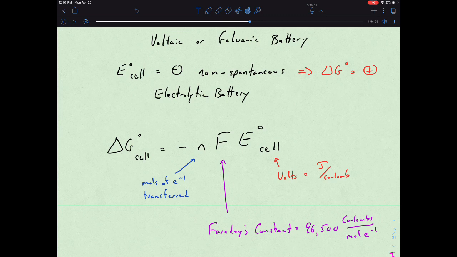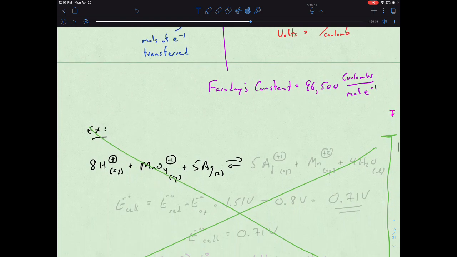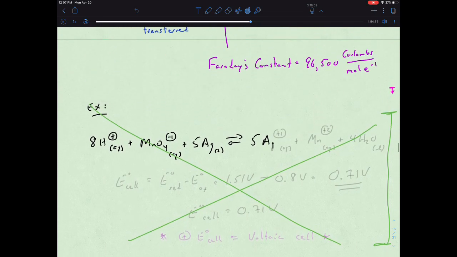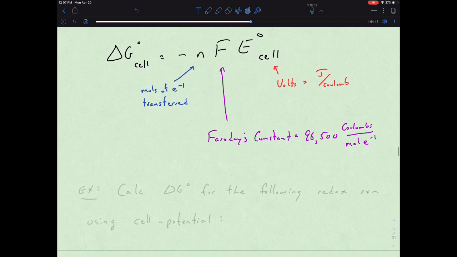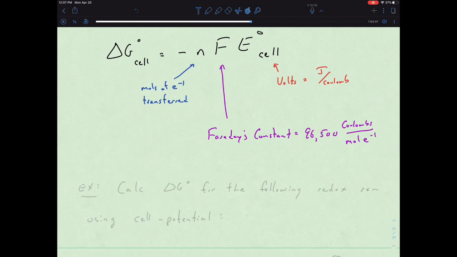And we can continue with our example that we've been working in prior videos, where we had the reaction under acidic conditions of the manganate and silver producing silver +1, manganese +2, and water. And we had figured out that there was a cell potential of this equal to 0.71 volts.